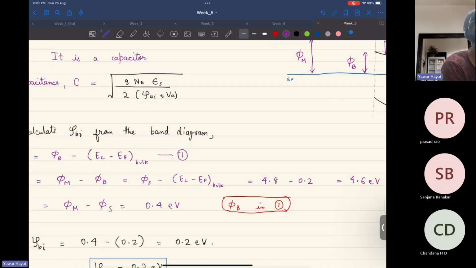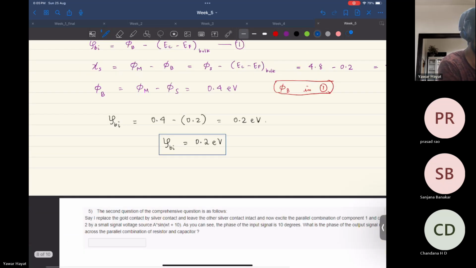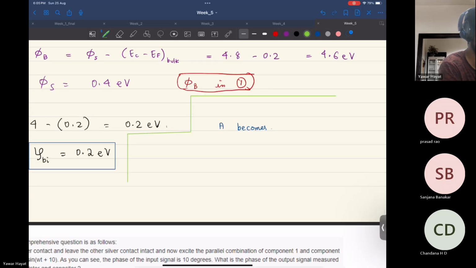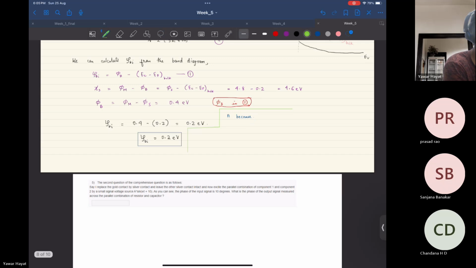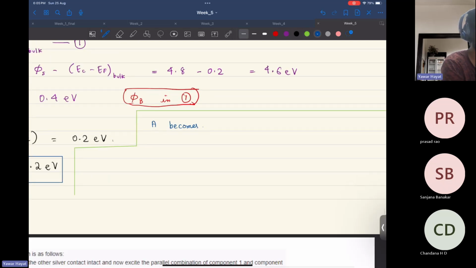let me mark this first, right? Let this be equation A, right? So our A becomes, what does A become?